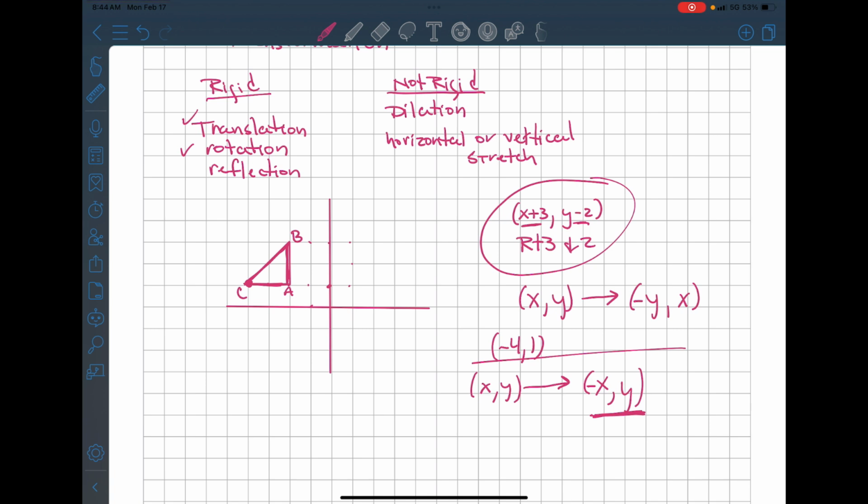So if you want to reflect it in the y-axis, which is this axis, you want your x to be negative. And that just means reflect over your y-axis.